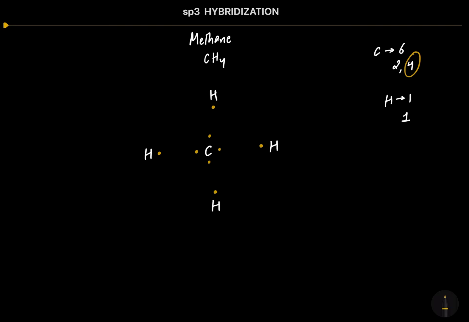Now all these hydrogens will make 1 covalent bond with the carbon. Now we all know that hydrogen will have duplet in its valence shell because the nearest stable noble gas configuration for hydrogen is helium, which is having 2 electrons in its valence shell.